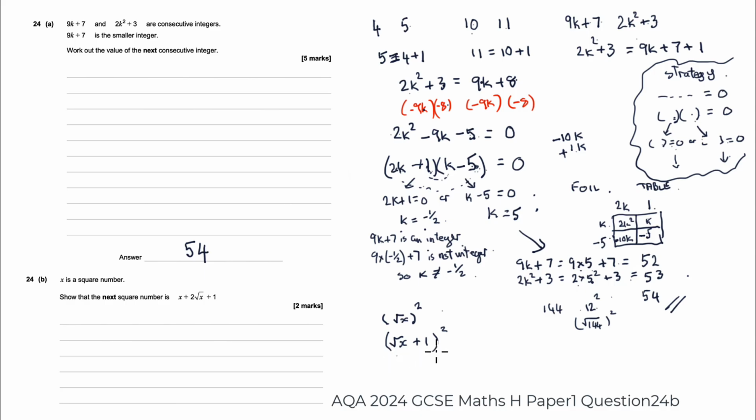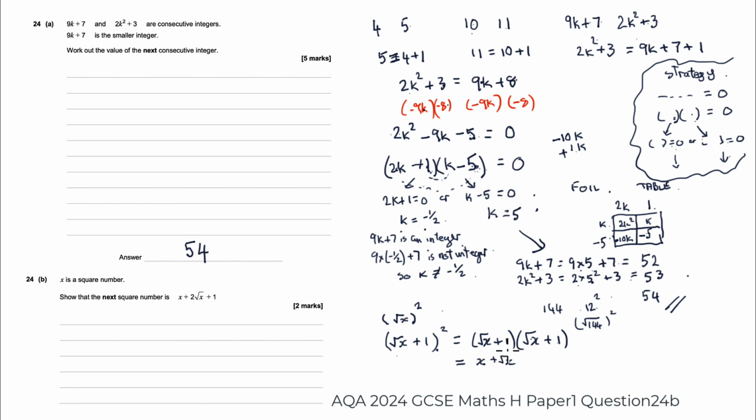So this is the next square number. We really need to work out what root x plus 1 times root x plus 1 gives us. And again, two methods. First, outsides, insides, last. Root x times root x would give us x. The outside product is root x times 1.